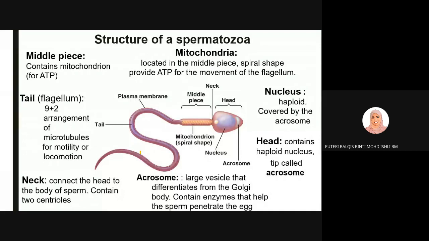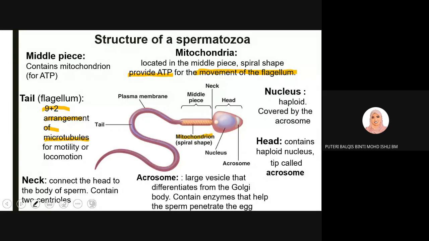The tail, the flagellum, is made up of a 9+2 arrangement of microtubules, for motility or locomotion, of course, otherwise how would it move? It is a moving cell, so it will search for the egg cell. Then we have mitochondria. Mitochondria located in the middle piece provide ATP for the movement of the flagellum. It needs energy for movement of the flagellum.